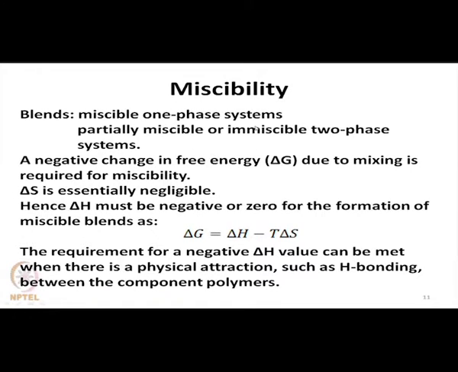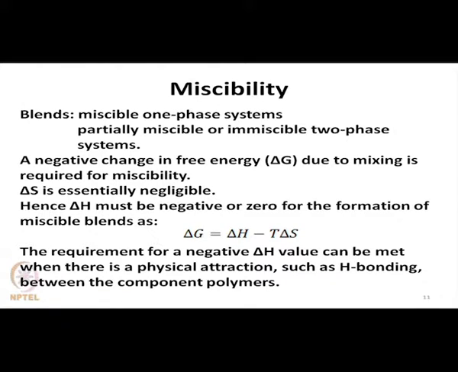Now, when these two components are mixed, we must consider the thermodynamic parameter delta G, the free energy of mixing. When the two component polymers are mixed, this delta G, or Gibbs free energy of mixing, should be negative.